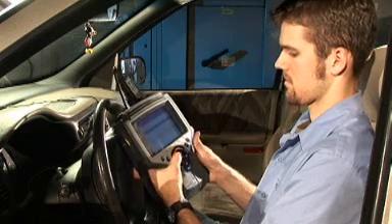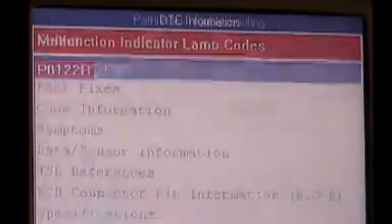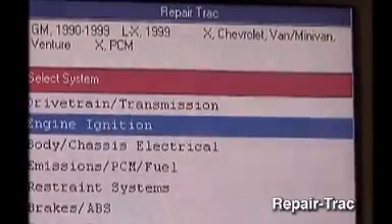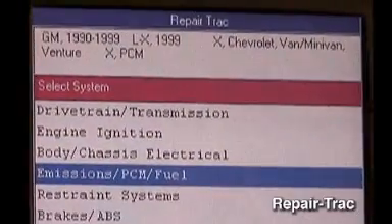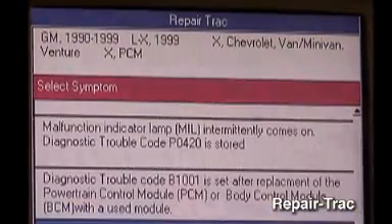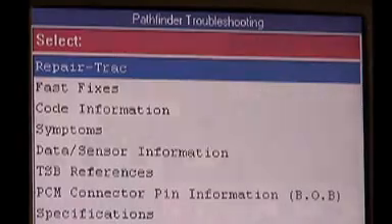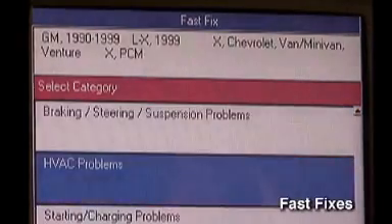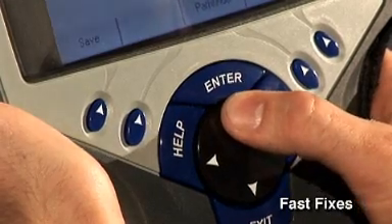At this point, he can call up the repair track database to look for pattern failures based on the car's symptoms. Fast Fixes is another feature Genysis has that tells the tech what the problem would most likely be, or what are the most overlooked problems.